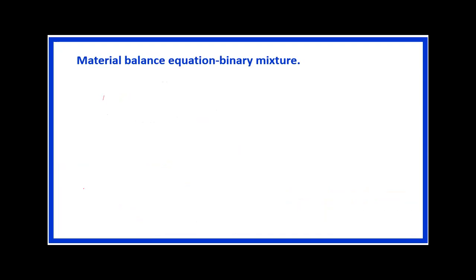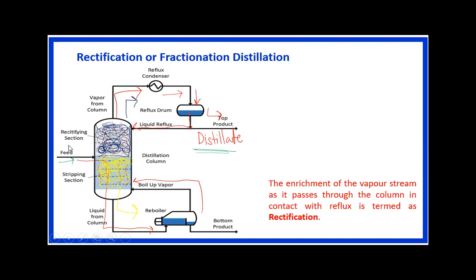As we know from this diagram, this is the feed here, so it can be indicated as capital F, and here it is the distillate, so it can be indicated as capital D, and the bottom product can be indicated as W as a waste.